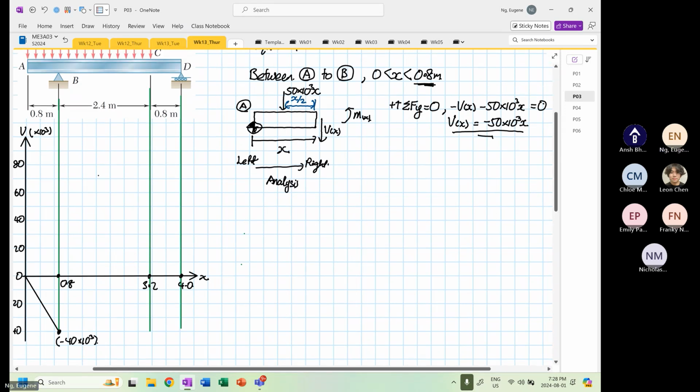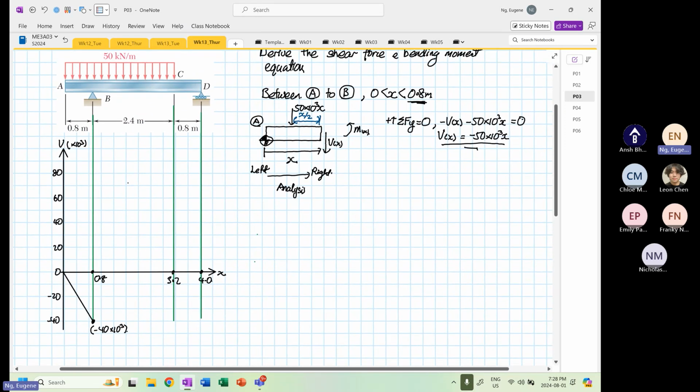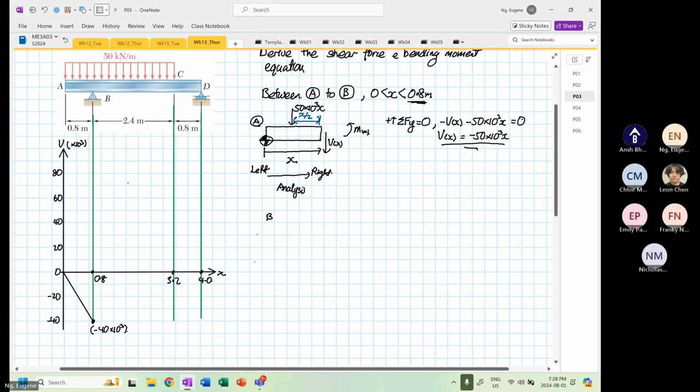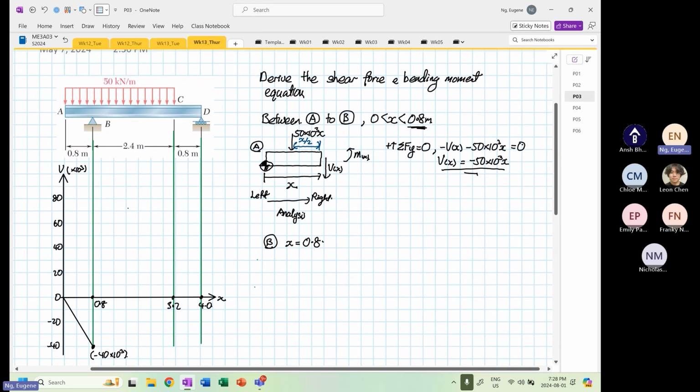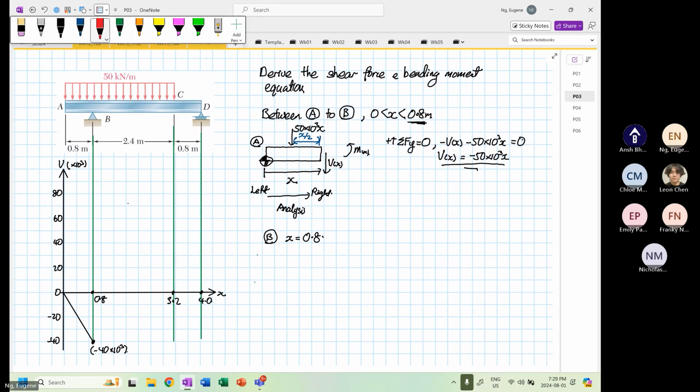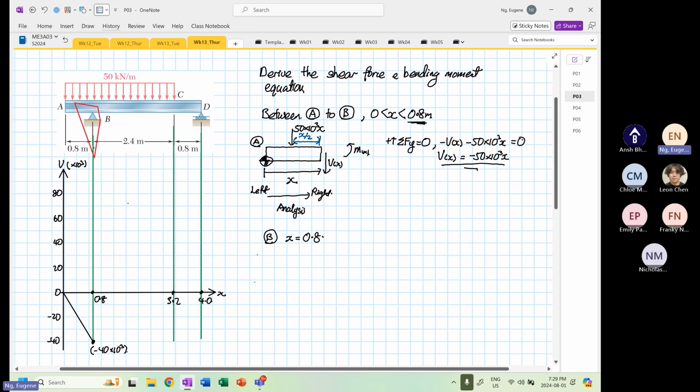Okay. So that's your first point. Then the next point now is at point B. At point B, x is equal to 0.8. Now at point B, we have to be careful. Why? Because we have a By, coming up here.